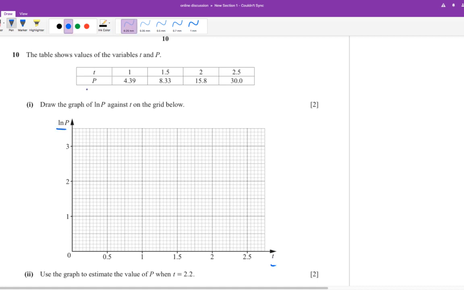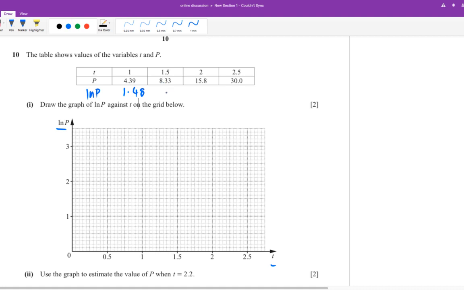So what I will do is find ln p. That means I ln every single value here. So I will ln 4.39. The first one, I think 2 decimal places should be more than enough. 1.48 for the first one.